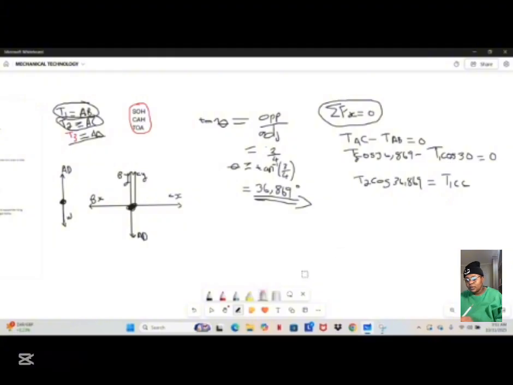Okay, and then we're going to divide, because we want T1, we're going to divide by the cos of 30 on both sides.